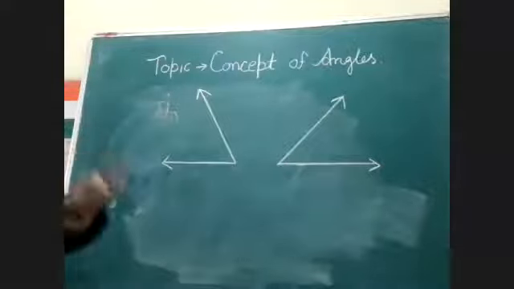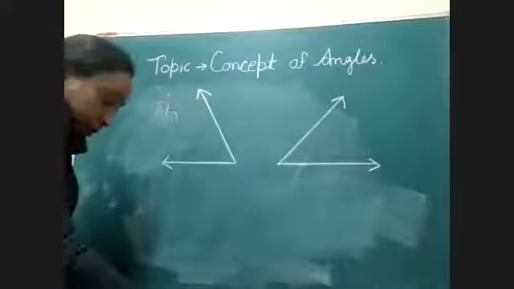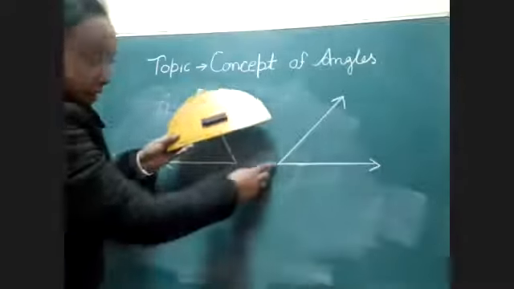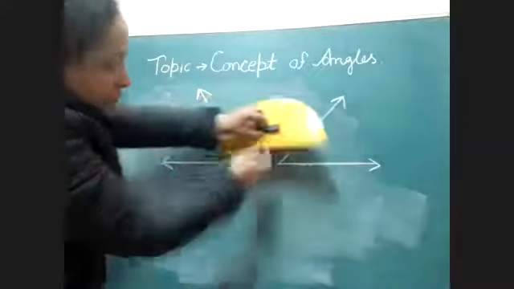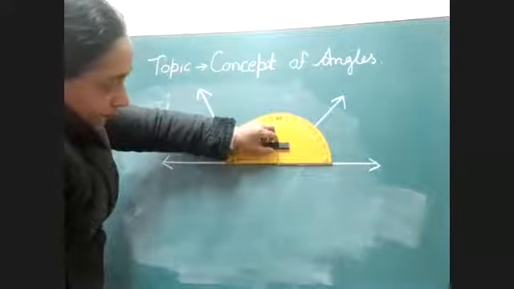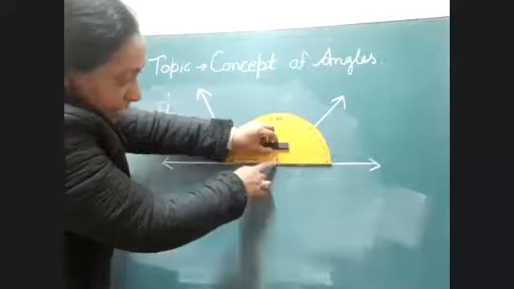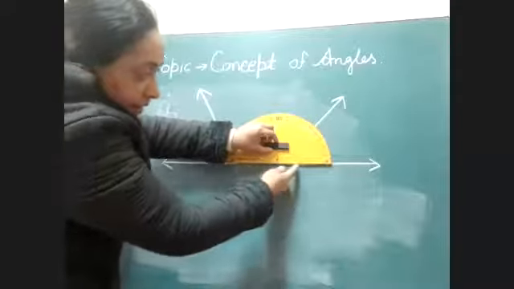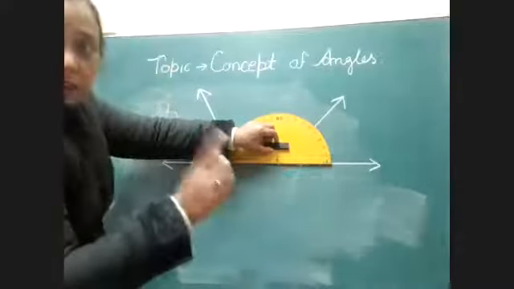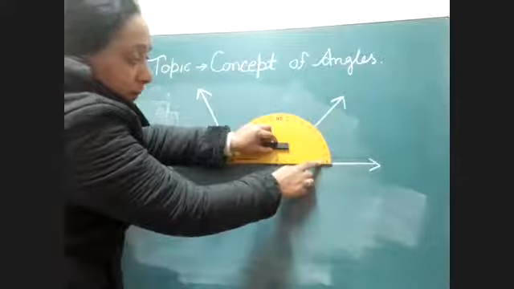Now friends, with the help of a protector, measure these angles. First, again put the center at the vertex and match this ray with the boundary. Now when we match the center at the vertex and this line matches with the boundary line, then start from 0. Now the 0 is on our inner scale.